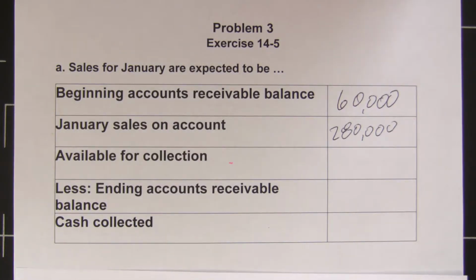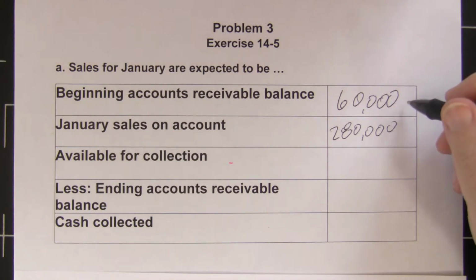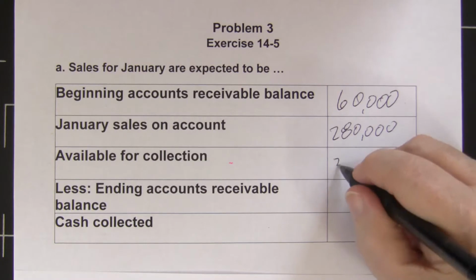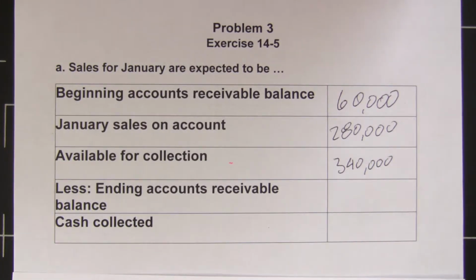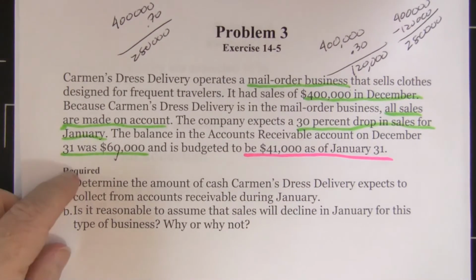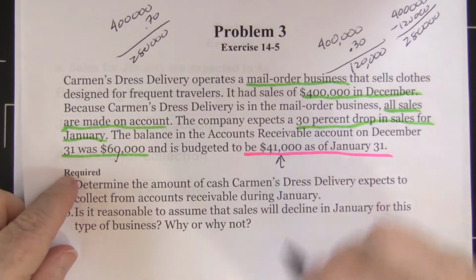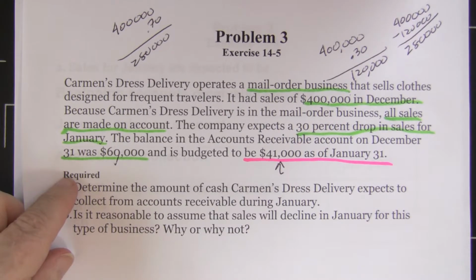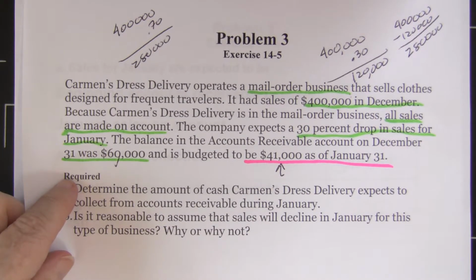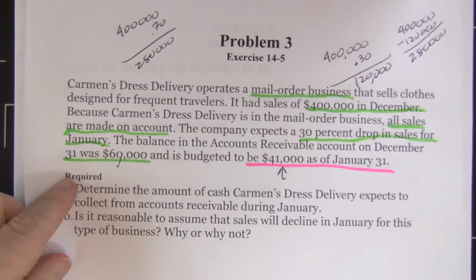So altogether, the total cash that we could possibly, conceivably receive would be what people owed us coming into the month and our sales for the month, and that totals $340,000. They tell us that at the end of the month, they expect, they hope, they pray, they believe that they're going to have $41,000 left in their accounts receivable.